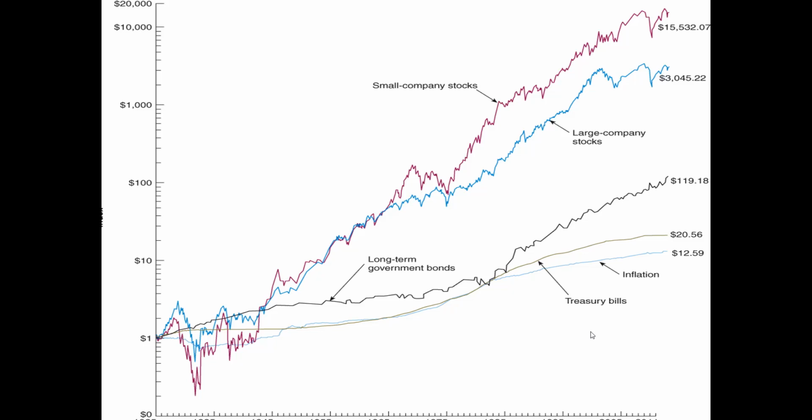Now, notice that if we were to have invested in just long-term government bonds, that dollar would be worth a lot less, only about $119. So as you can see here, the riskiness of the asset that we're investing in is directly related to the actual return. So these small cap stocks are typically seen as riskier than the large cap stocks and certainly more risky than the long-term government bonds.